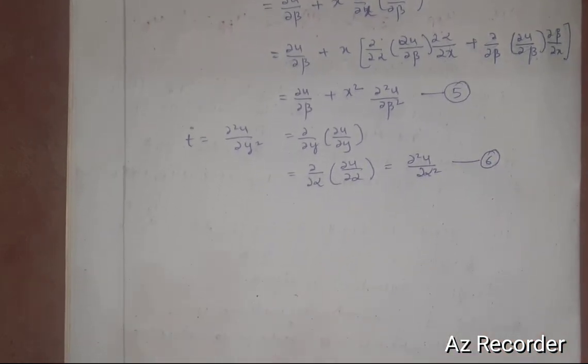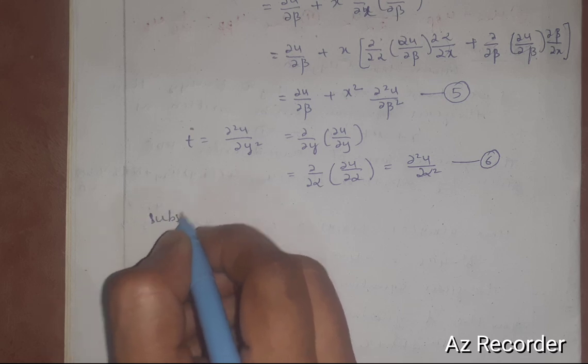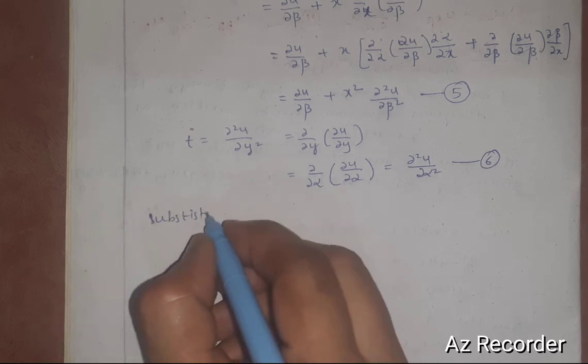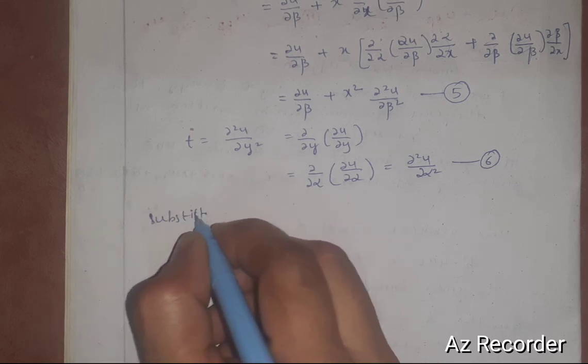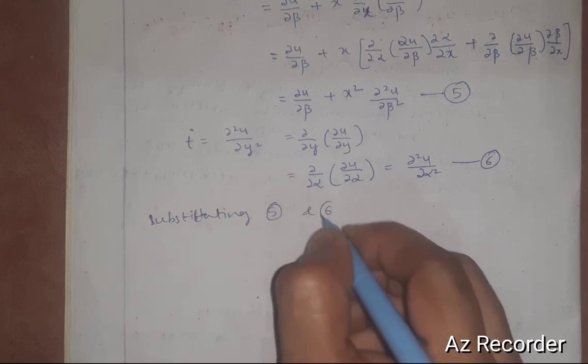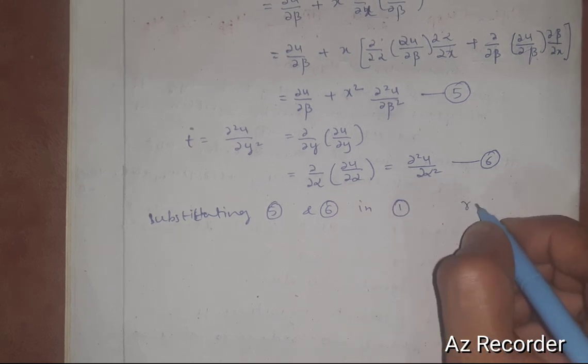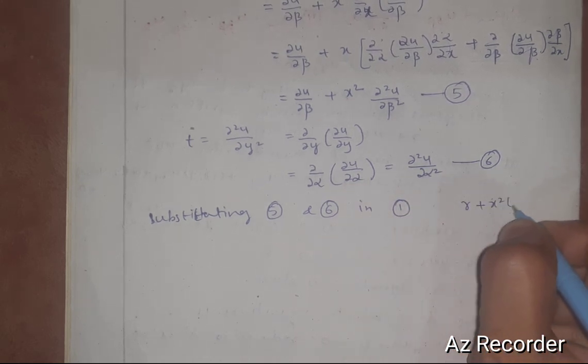Now I will substitute equation 5 and equation 6 in equation number 1. Equation number 1 is r plus x² t is equal to 0.